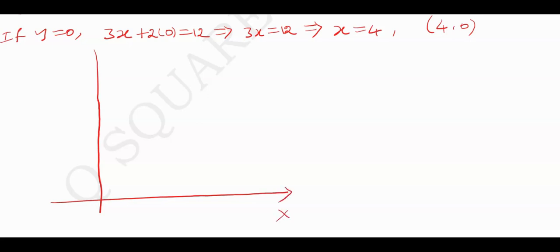We'll take this as x-axis and this as y-axis and origin, and we'll take the points like that: 2, 4, 6, 8. The y-axis 2, 4, 6, 8.